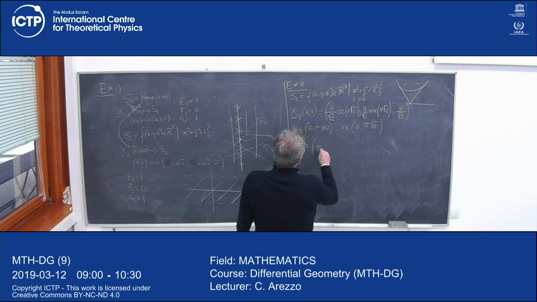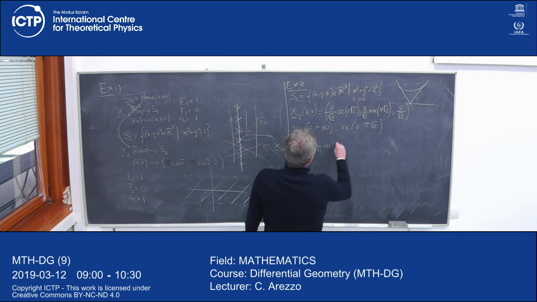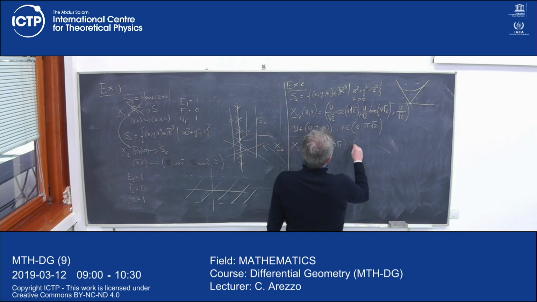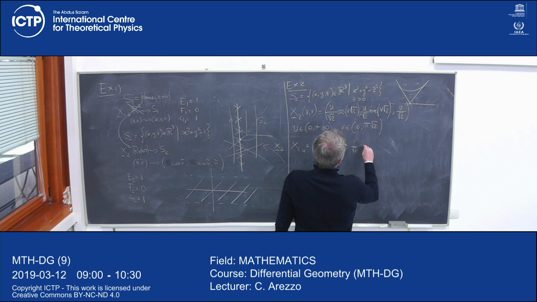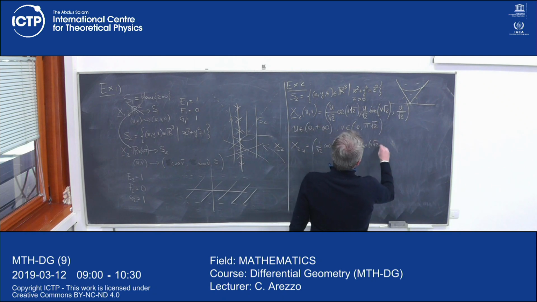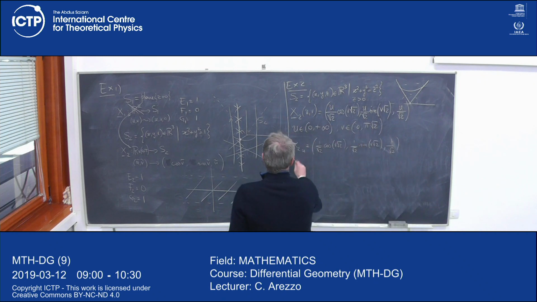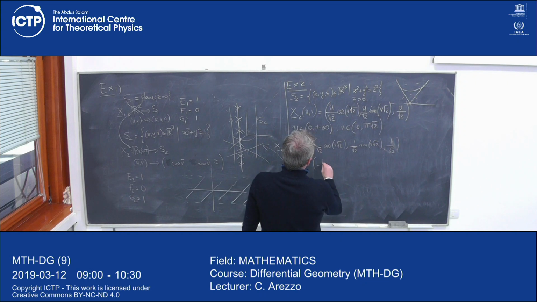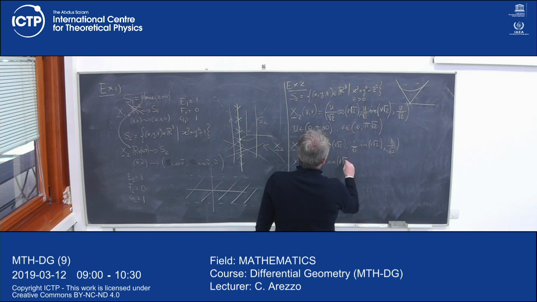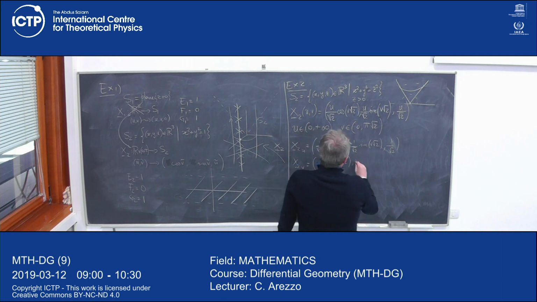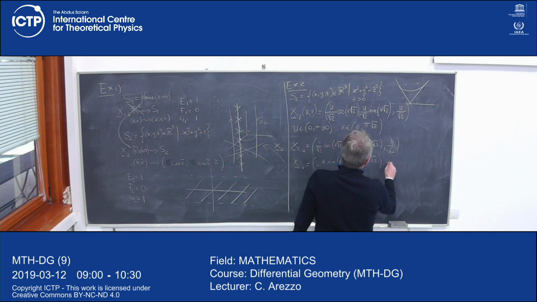I get 1/sqrt(2) cos(v sqrt(2)), 1/sqrt(2) sin(v sqrt(2)), and then 1/sqrt(2). And then x_v is minus u sin(v sqrt(2)), u cos(v sqrt(2)), 0.